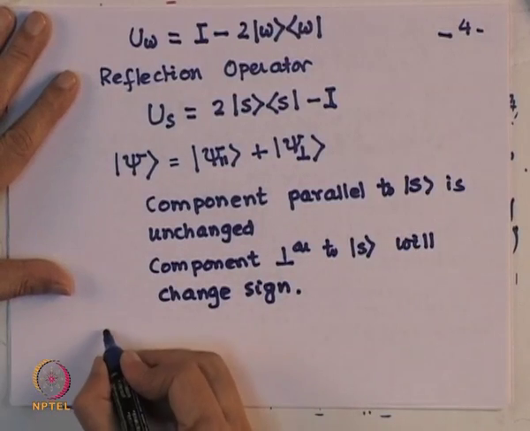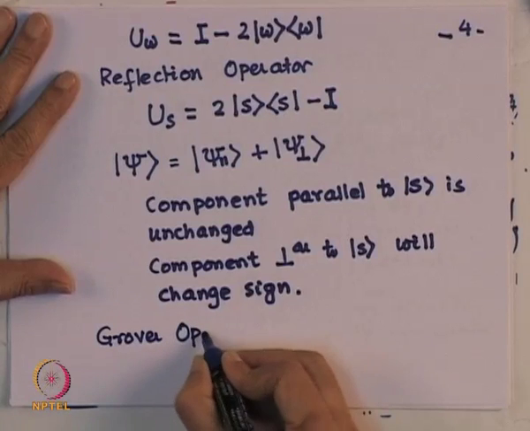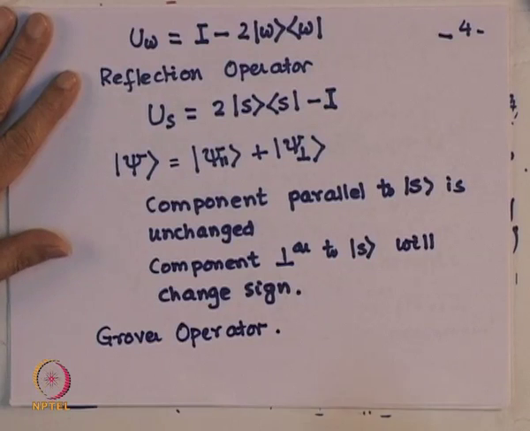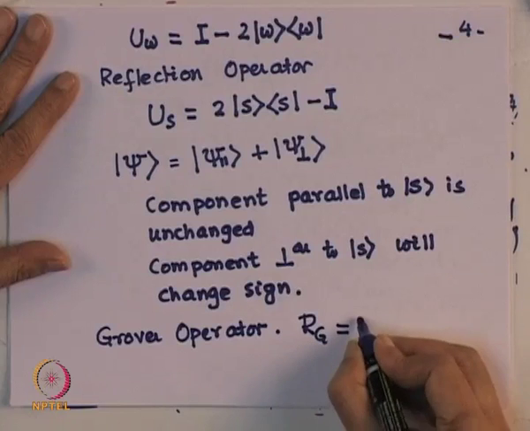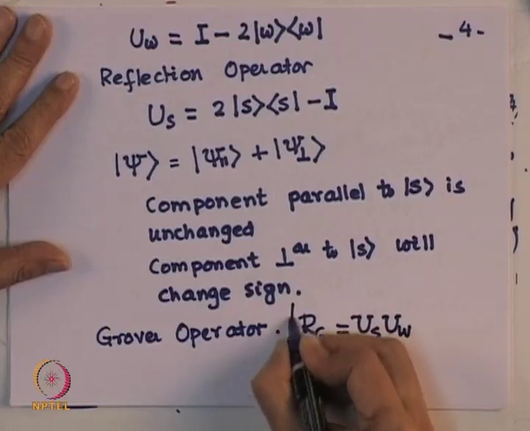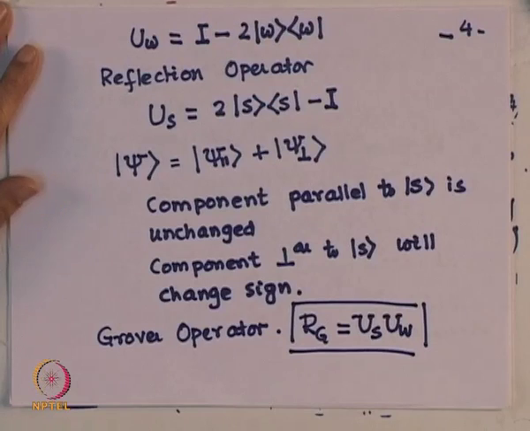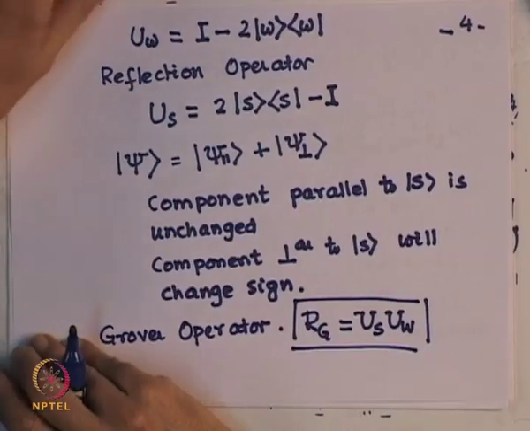Grover's operator, which we will call simply the Grover operator, Grover rotation operator also it is called, R_G, is defined as U_W followed by U_S. Now what we will do next is look at a geometrical interpretation of what this means. So let us collect our thoughts again.